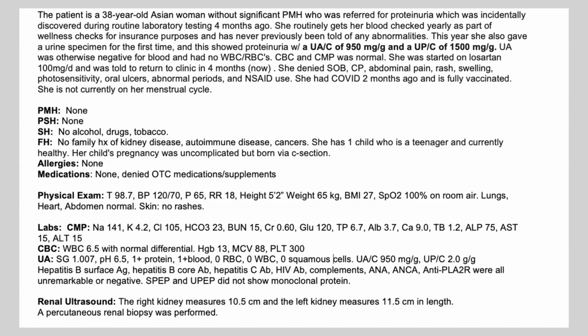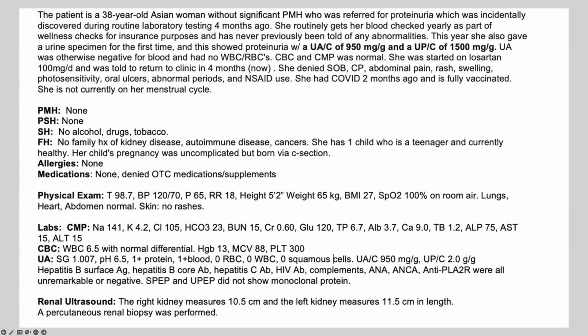In terms of her labs, her CMP showed a sodium of 141, potassium of 4.2, chloride 105, bicarb was 23, BUN was 15, creatinine 0.6, glucose was 120, total protein was 6.7, albumin 3.7, calcium was 9, total bili was 1.2, her alk phos was 75, and her liver enzymes were within normal limits.